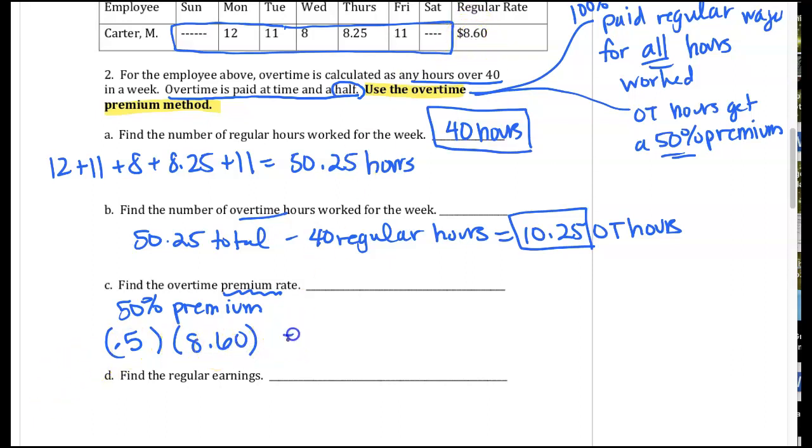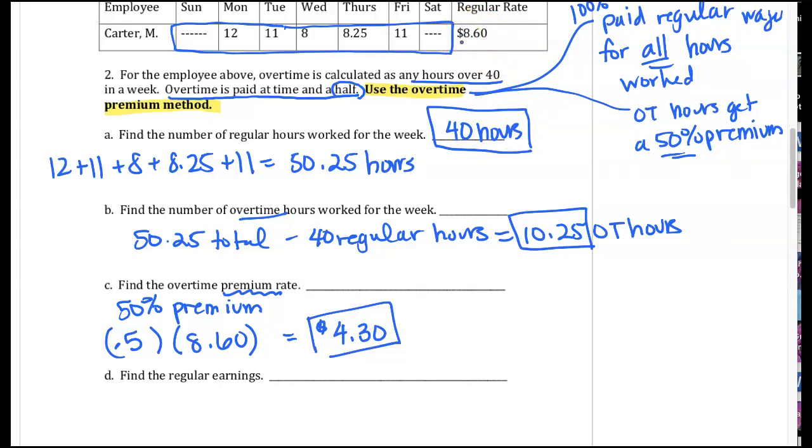Half of $8.60 is $4.30. So this is above and beyond what your normal rate of pay would be. On your overtime hours, you're going to get an extra $4.30 on top of the regular rate of pay.